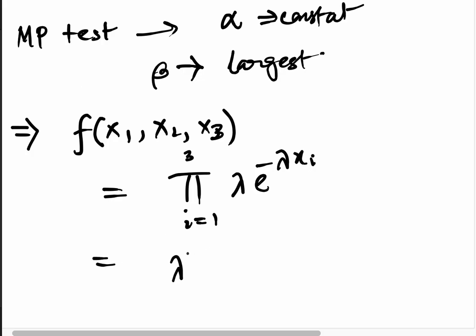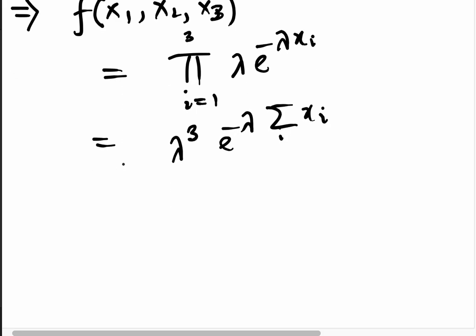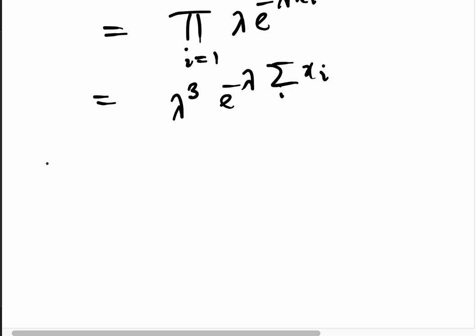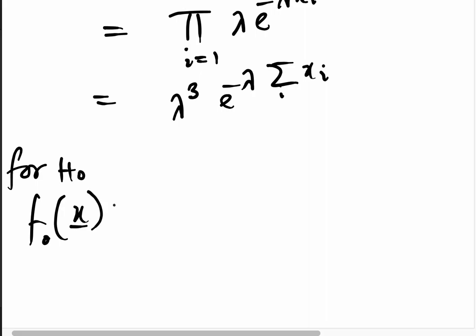So this is lambda cubed e to the power minus lambda summation xi. Then for H0, what will be f0?